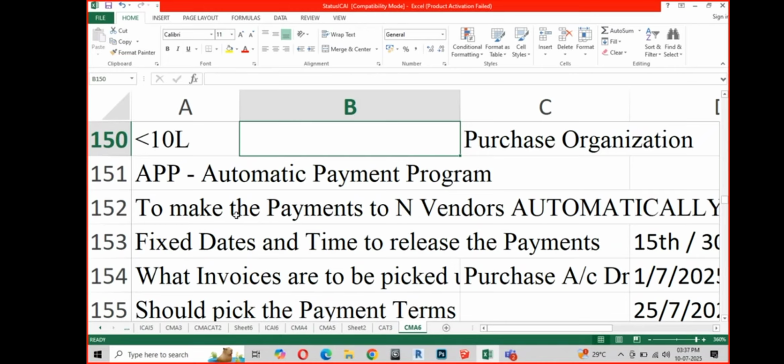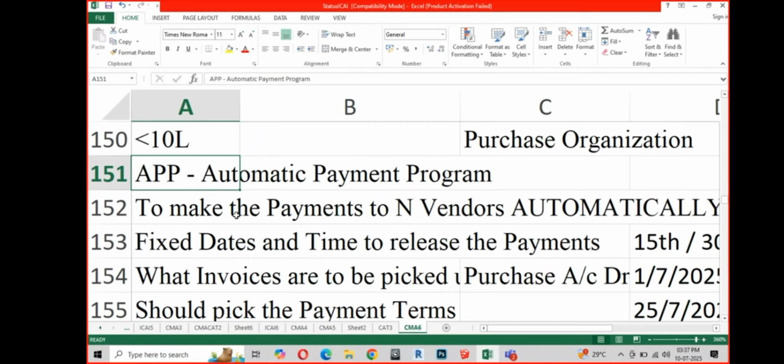Of course, you can have various adjustment methodologies with your vendor. That is still there. But you should have such a foolproof system that it does not allow you to go wrong while you're releasing the payments. This is through your APP, automatic payment program.